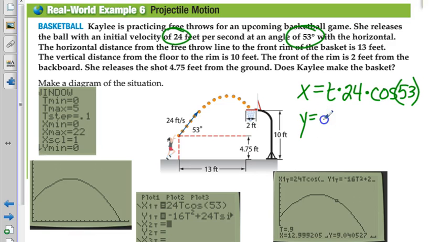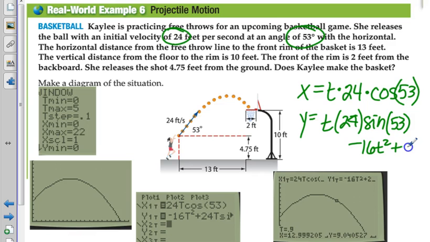It says y equals t times initial velocity times the sine of the angle. And then it says minus the gravity coefficient times t squared plus initial height.